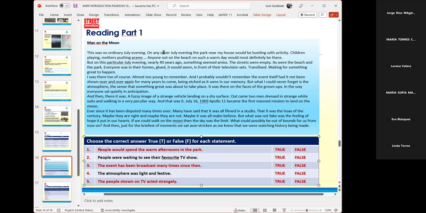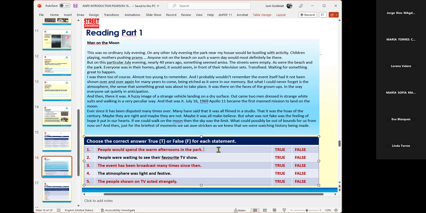Okay. On any other July evening, the park near my house would be bustling with activity. So people would spend a warm afternoon, warm July evenings, yes, in the park. True or false?